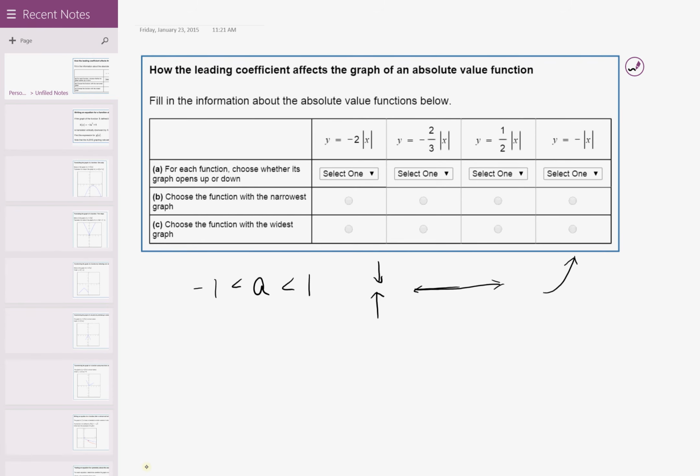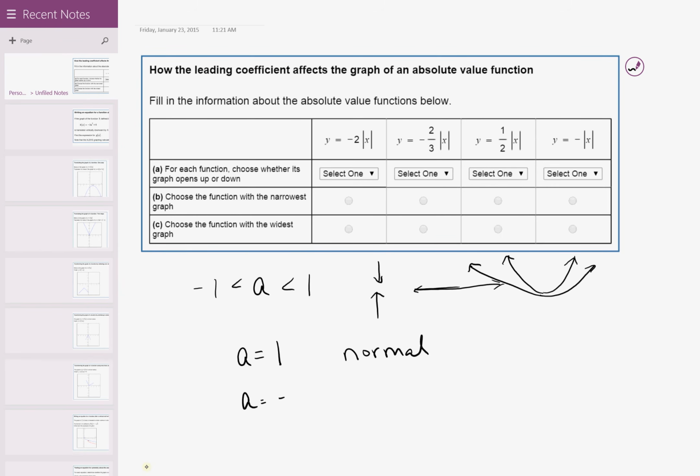If I have this or I have this, is the second parabola shorter or wider? Well, it's both. Okay. If A is equal to 1, that's just the original function, right?